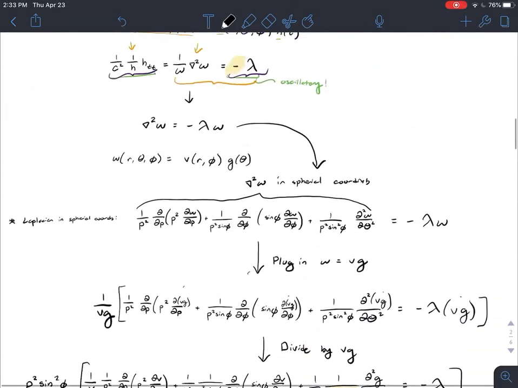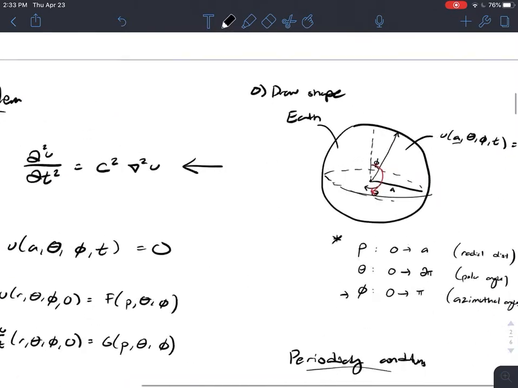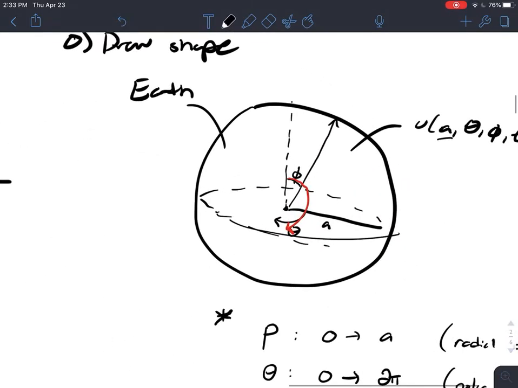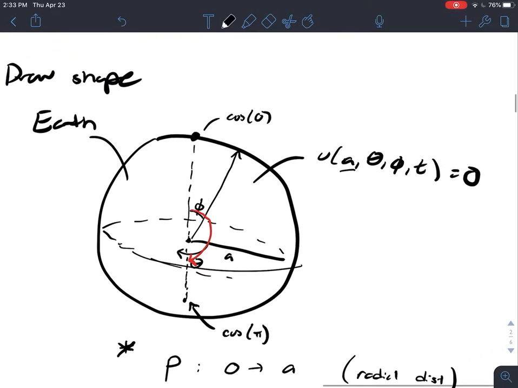If we quickly go back up, all the way back up, what I'm trying to say here is at this portion, let's call this cosine 0, and let's call this bottom portion of the sphere cosine phi. So that's the azimuthal angle, the full range of the azimuthal angle. We essentially have boundedness conditions here, so this is going a little bit into the theory of what's actually happening here.